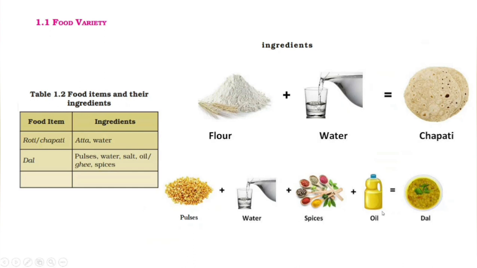So this is a comparatively complex dish than chapati, because for chapati we use only two items and for dal we require more than two items. If we look at chapati and dal, do you see any common thing in both these food items? Yes, it is water. Water is used in chapati and water is also used in dal.